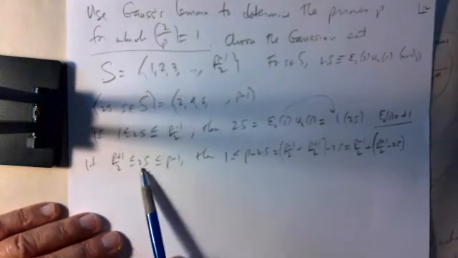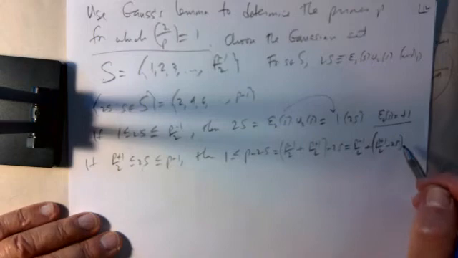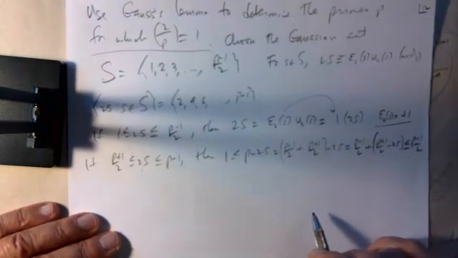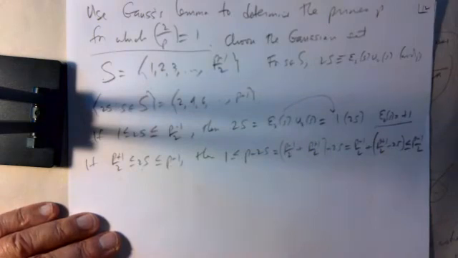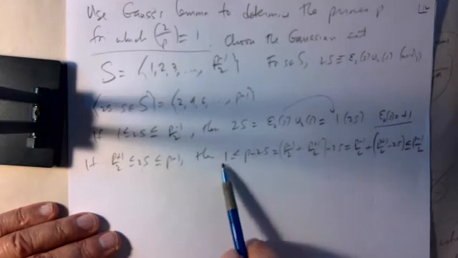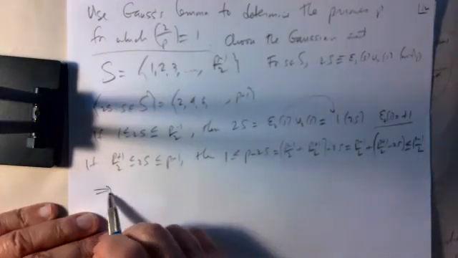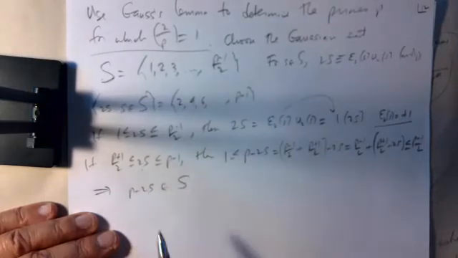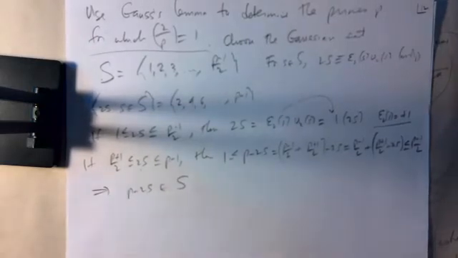So p minus 2s is less than or equal to (p minus 1)/2. So p minus 2s is a number between 1 and (p minus 1)/2. So p minus 2s is a number in the set S.